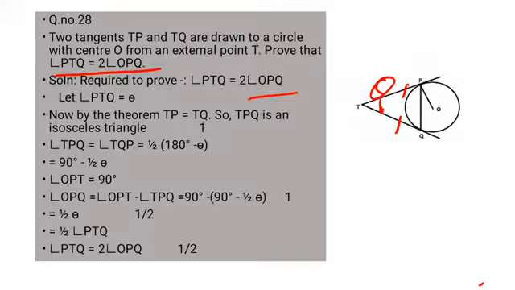Therefore OPQ is equal to OPT minus TPQ, that is 90 minus (90 minus half theta), which gives half of theta, meaning half of PTQ. And finally PTQ is equal to twice of OPQ.